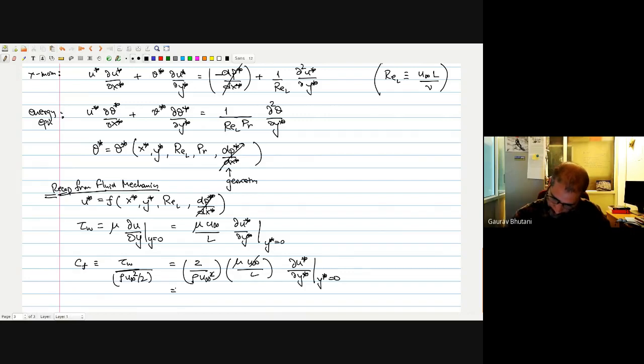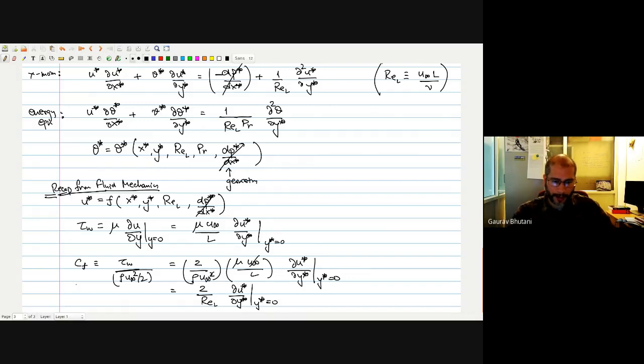I retain the 2, and then the denominator has rho u infinity L, numerator has mu, so that becomes the Reynolds number. And then we have del u star by del y star at y star equal to 0. So this is the expression for my skin friction coefficient.